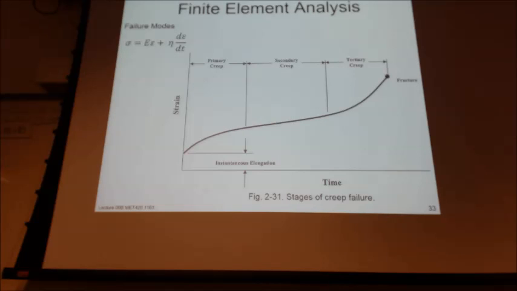We also have to be aware of creep. So that's time dependent, and it's plastic deformation under a sustained load. The eta symbol in the equation is the material's coefficient of viscosity. The change in strain over time is the strain rate.